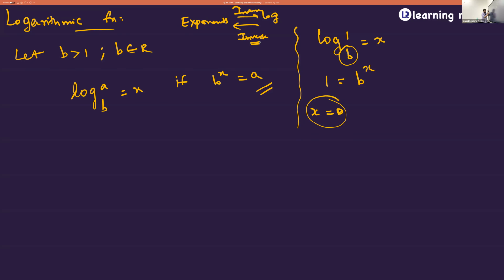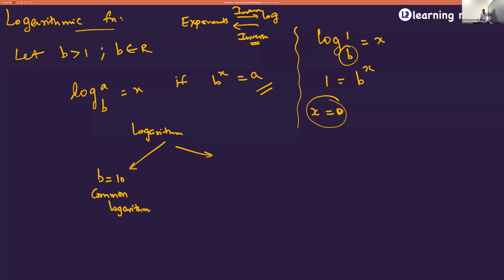Now, the next important point you have to make a note of. When I talk about logarithm, they are classified into two types depending on what base you are using. If the base B is equal to 10, then you call it common logarithm.